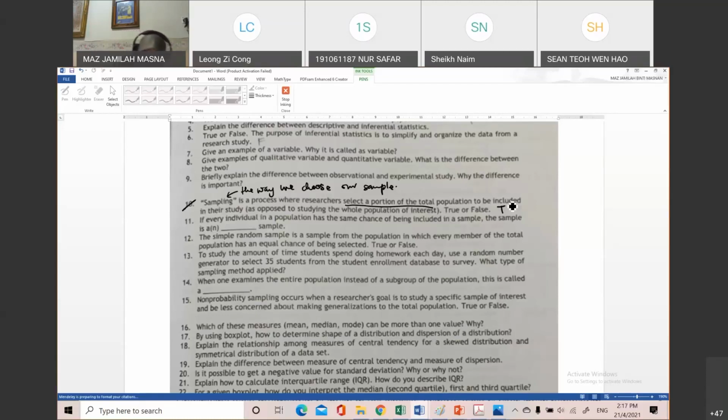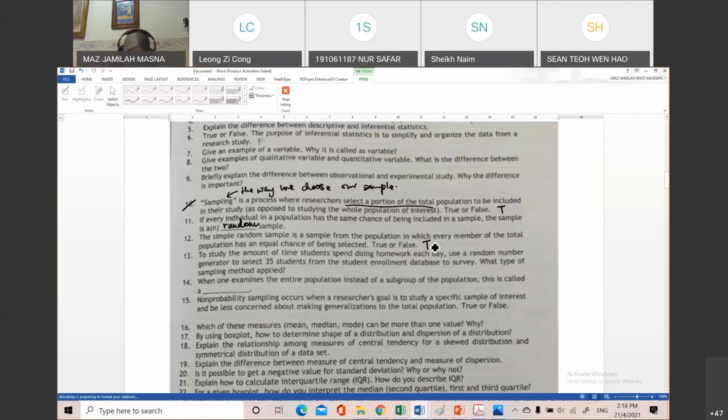So this will be random. Yes. A simple random sample is a sample from the population in which every member of the total population has an equal chance of being selected. It is a repetition of what we discussed above, so it is true.